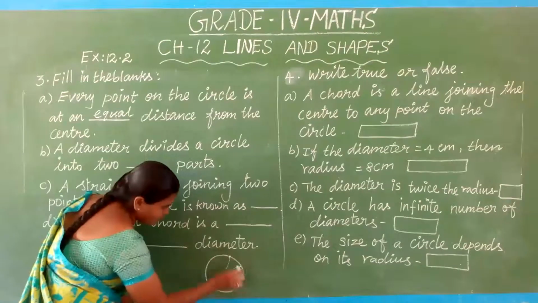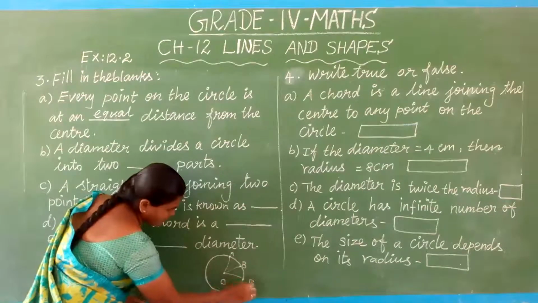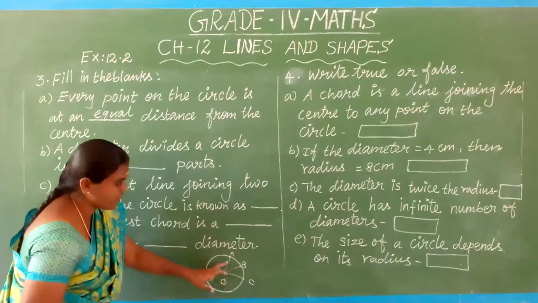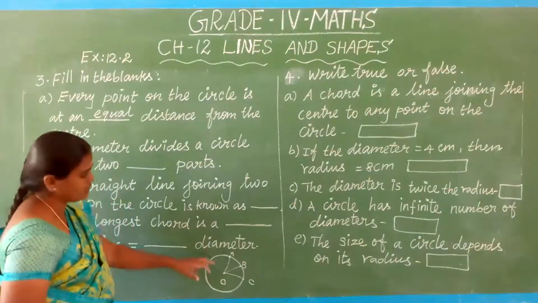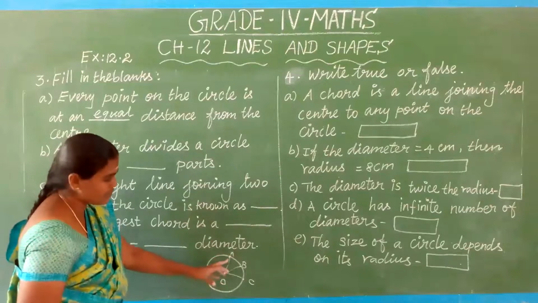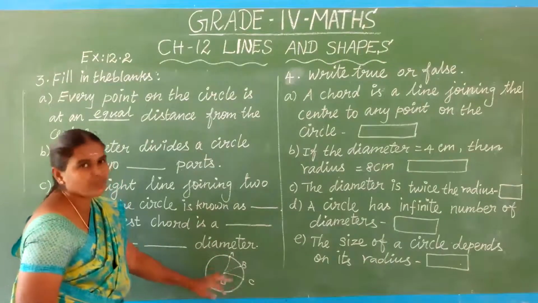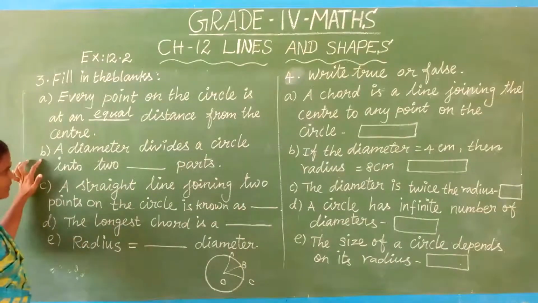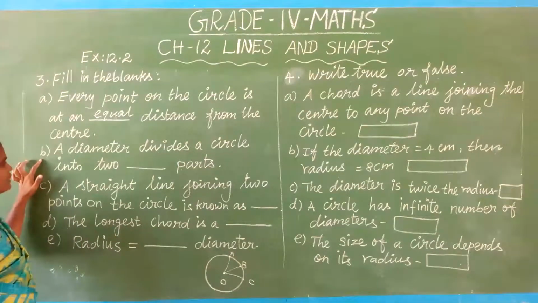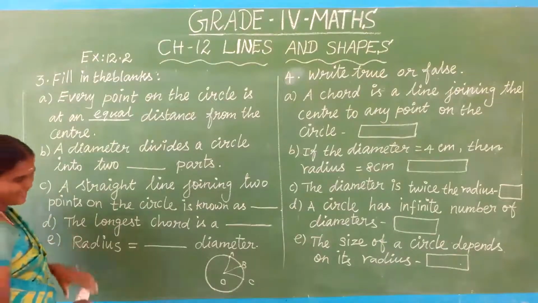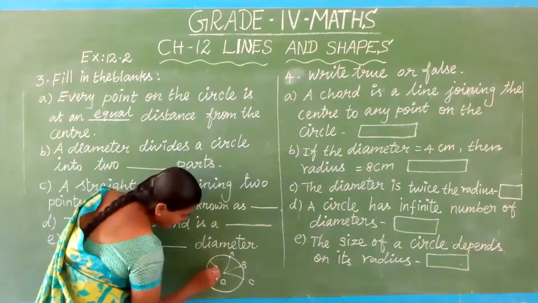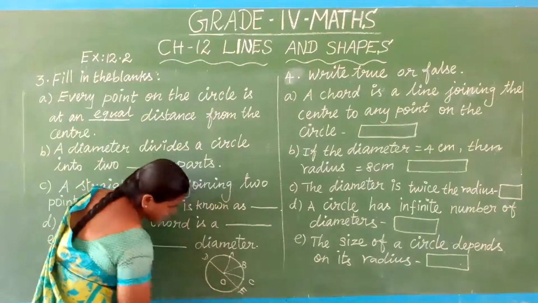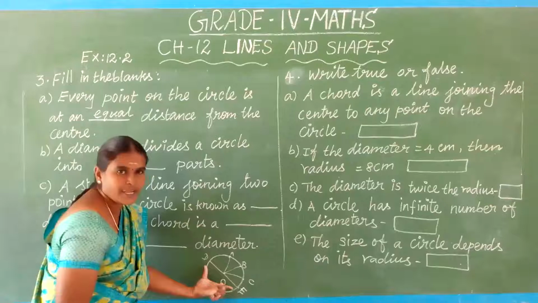For example, 3 points A, B, C. OA, OB, OC. These 3 radii are at equal distance. So OA is one radius. B question: a diameter divides a circle into 2 dash parts. I will draw one diameter here, D, E. DE is called the diameter.